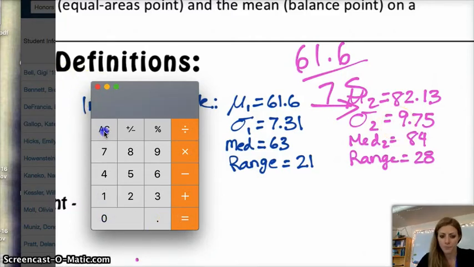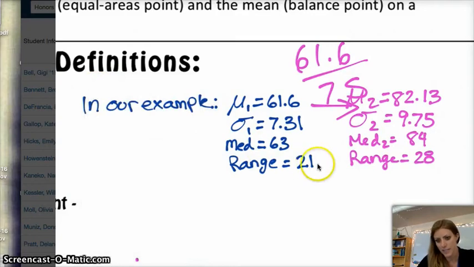Same thing for the median and the range. The only caveat is that if I multiply something by a negative number, the standard deviation doesn't become negative. Your mean is multiplied by the constant, but your standard deviation is multiplied by the absolute value of the constant, because remember, standard deviation is always positive.